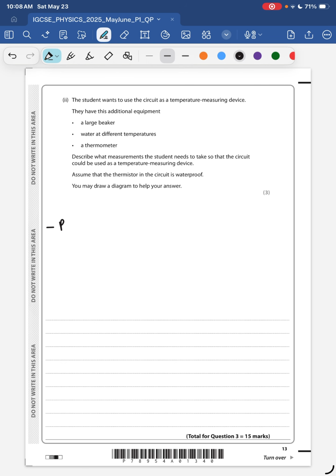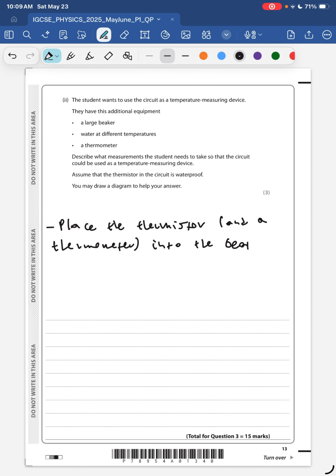So place the thermistor and a thermometer into the beaker of water. Vary the temperature of the water via heating, for example.